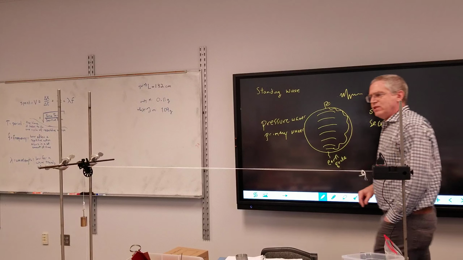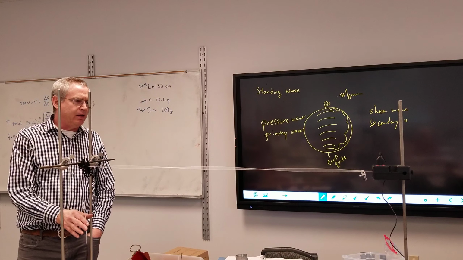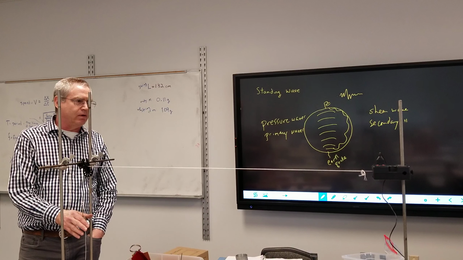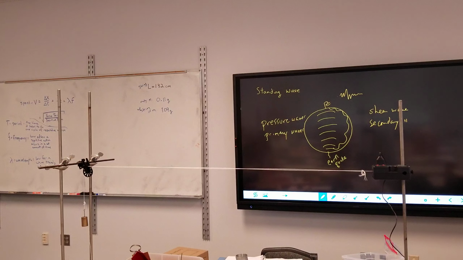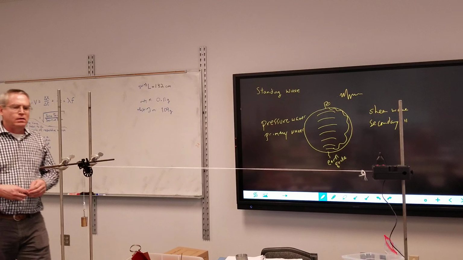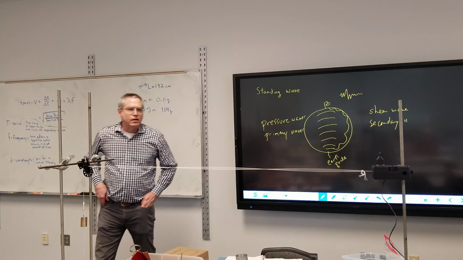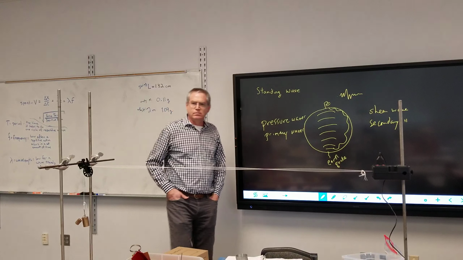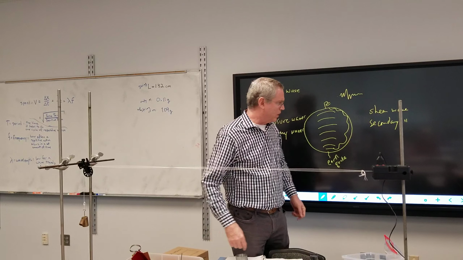And we can start to see some patterns forming here. If I apply just a little bit more force, we get a better pattern. And let's see how close I can get it. All right, not perfectly there, but hopefully you can see. How well can you see that?